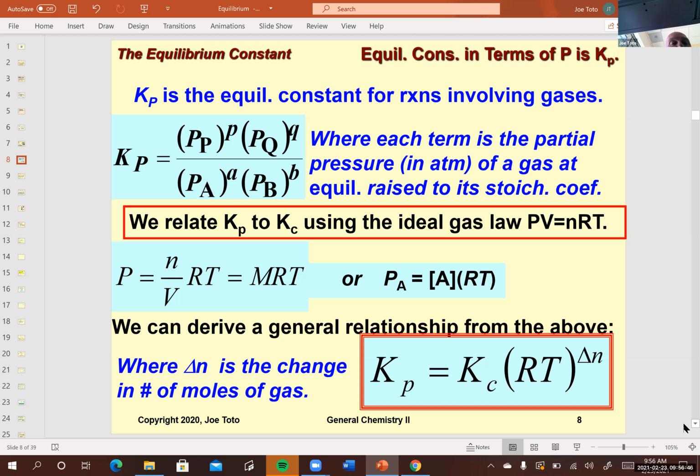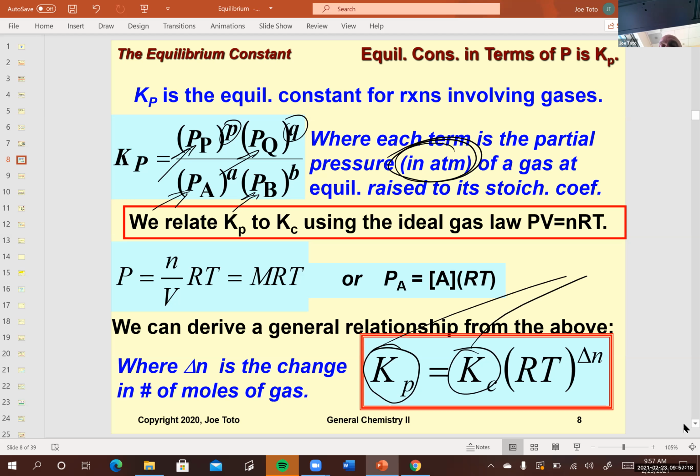But for Kp, you use units of atmospheres, and it's partial pressures of the products, P and Q, to their stoichiometric coefficients over the partial pressures of A and B to their stoichiometric coefficients, all in units of atm, whereas Kc was formed in units of molarity, even though these equilibrium constants, Kp and Kc, are both unitless. So there are no units associated with the equilibrium constants themselves, just on how they're formed.